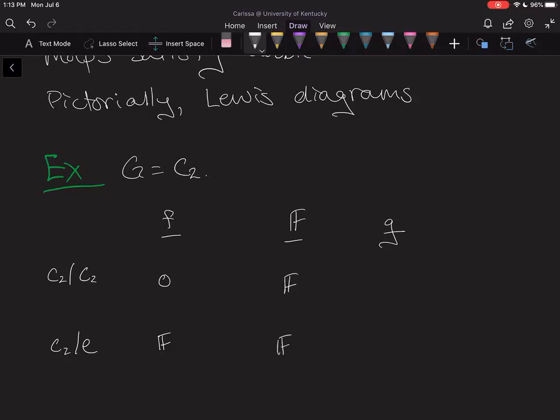Capital F is called the constant Mackey functor F. And so the restrictions are always going to be identities. The transfers are the index of this group in this group, but here that's 2. F is the finite field F2.